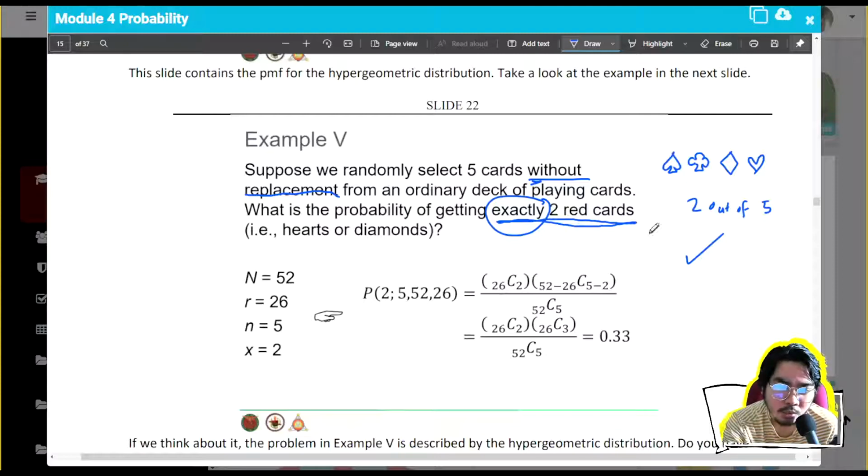If we write this down in terms of variables, exactly 2 cards means P of X equals 2. At least 2 cards means the probability of X is greater than or equal to 2. At most 2 cards means X less than or equal to 2. There are also cases of more than 2 cards, and less than 2 cards.